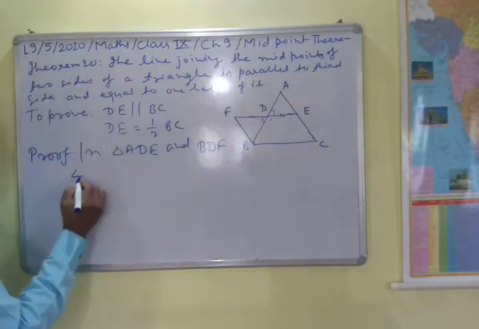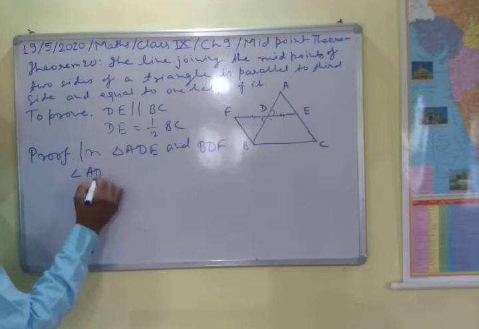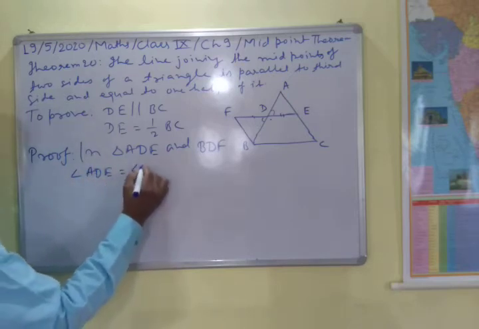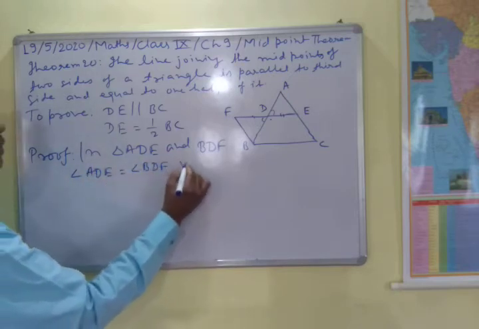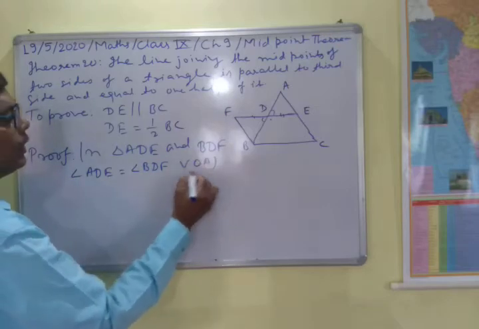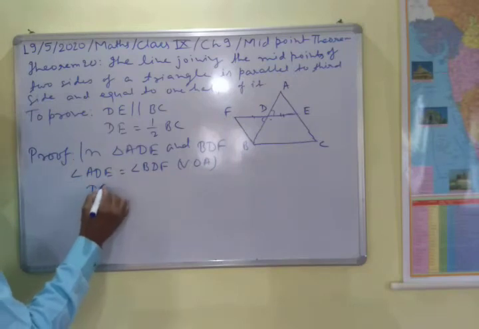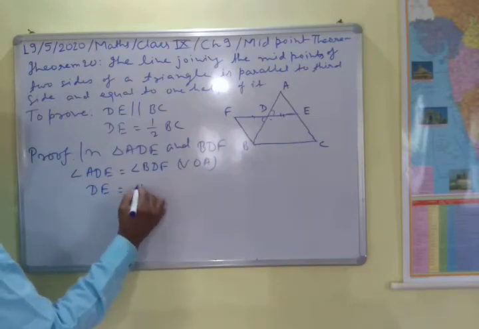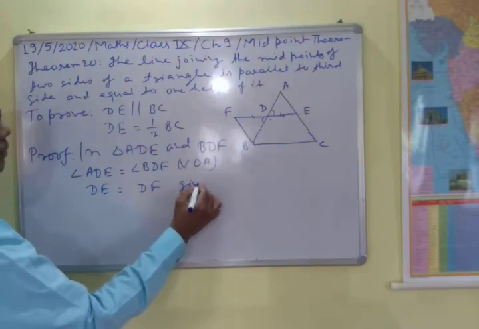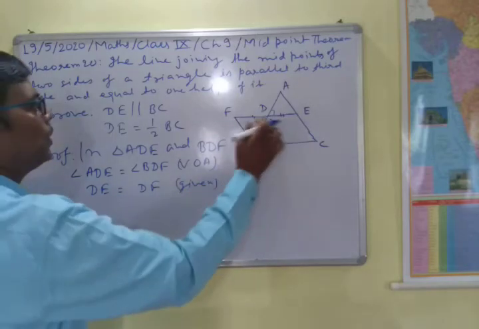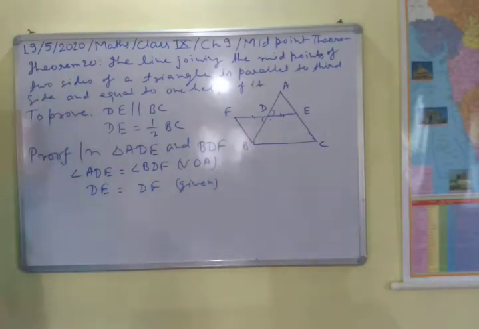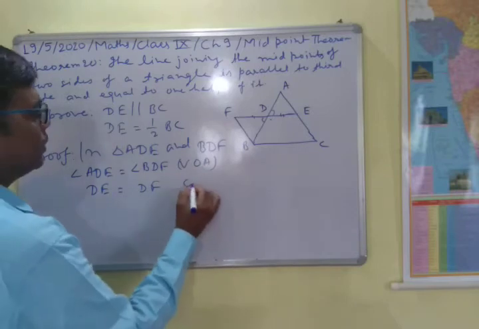That is angle ADE equals angle BDF, and these are vertically opposite angles. And the other condition is that DE equals DF. Okay, these two are by construction. It is not given, it is by construction.